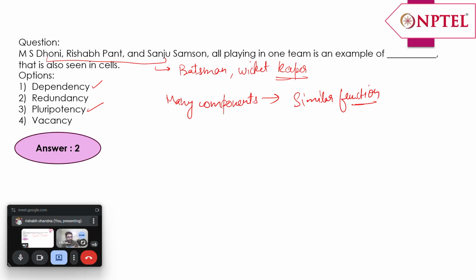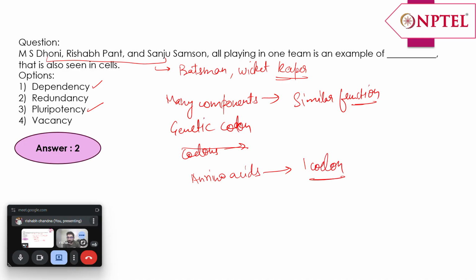For example, in the genetic code, we have many amino acids that are coded by more than one codon. In that case, this is called redundancy, so that if either of the codons is present, the amino acid can still be coded, right?